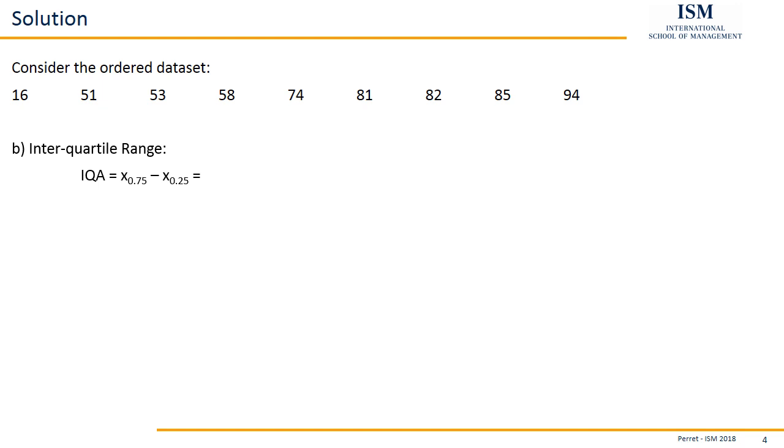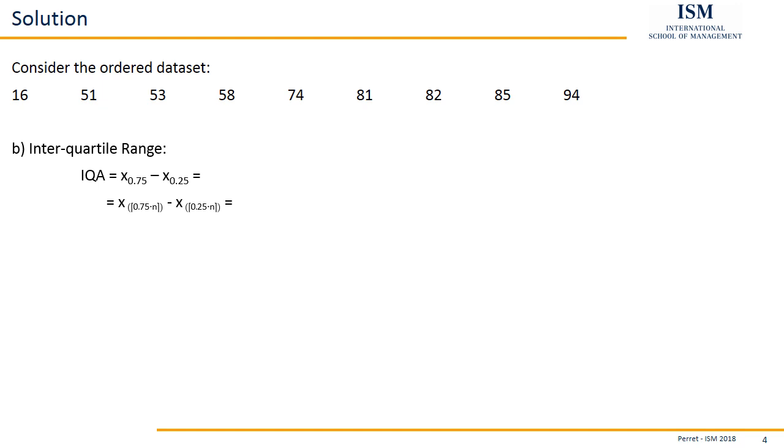And those we can calculate by just multiplying the number of observations with the respective percentage, and the result will then be rounded up to the next largest integer if it isn't already an integer. That gives us the position of the respective percentile or quartile in our data set.